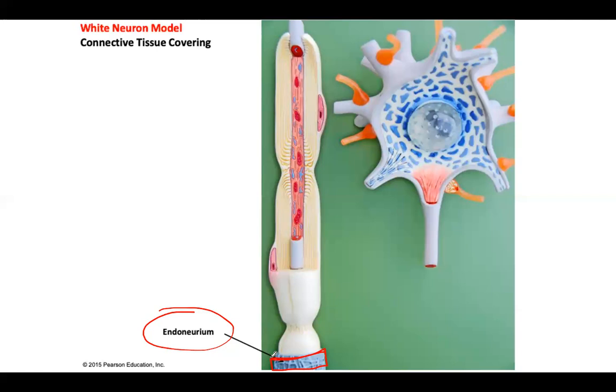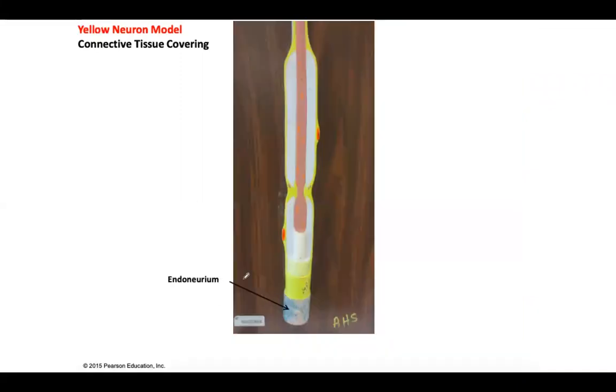We have these similar layers with the nerve where there's an endoneurium, a perineurium, and an epineurium. But the innermost is called the endoneurium. And again, you can see the endoneurium down here at the bottom, that gray section right here. Okay.